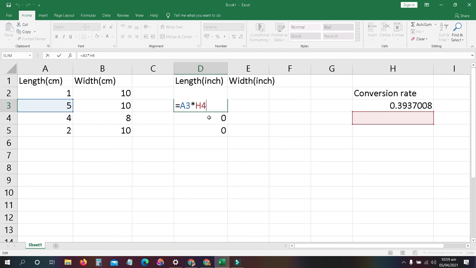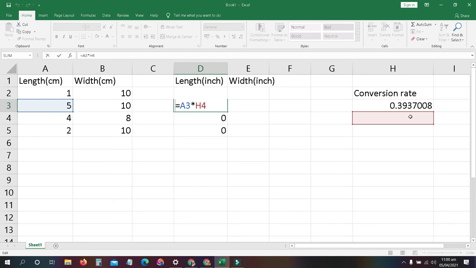When you apply that one to a certain cell, it adds +1. So what happened is, the conversion rate we took, which is multiplied by the centimeter to become inch, is cell H3. But since we applied it to the rest of the cells, it added +1, which is H4, this one, which is 0. Any number multiplied by 0 is 0, right? So that's why the answer is 0.